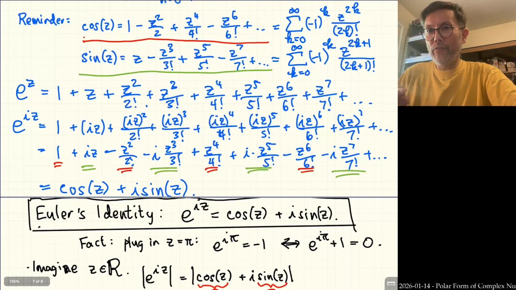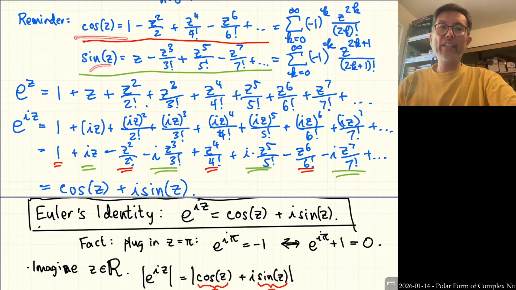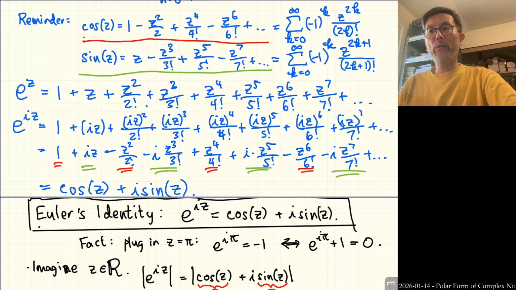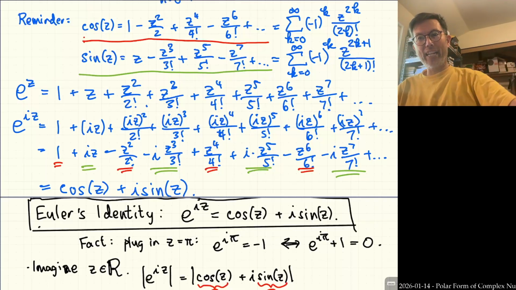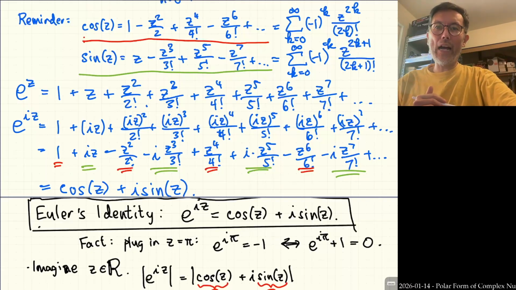We also could define cosine of z and sine of z in the same way, that is to say, via their power series representations, extending the power series representations from merely the real line to now the complex plane. And something beautiful happens when you do that.